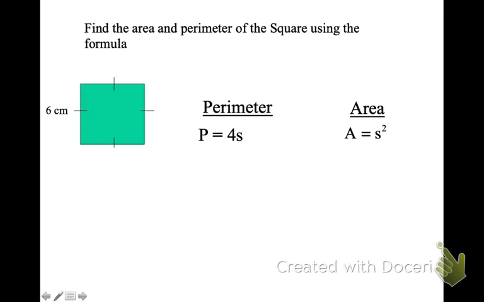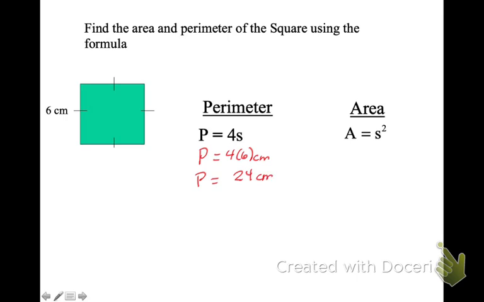So we can add up all the sides, 6 plus 6 plus 6 plus 6, or since they're all the same, can't we use this formula? P equals 4 times 6. And it's centimeters, right? So the perimeter is 24 centimeters.